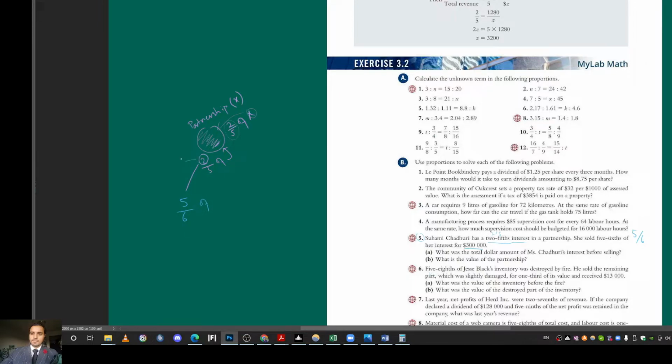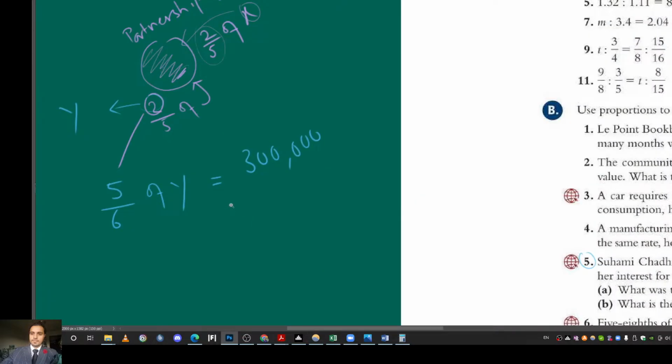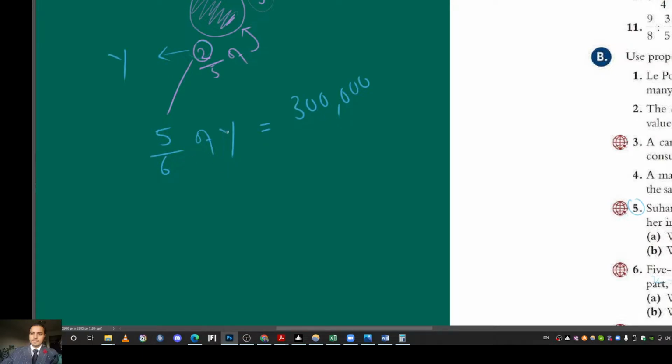We'll call whatever that 2 is that amount, let's say a Y. So she sold 5/6 of Y for how much? $300,000. So for $300,000, she sold 5/6 of Y.